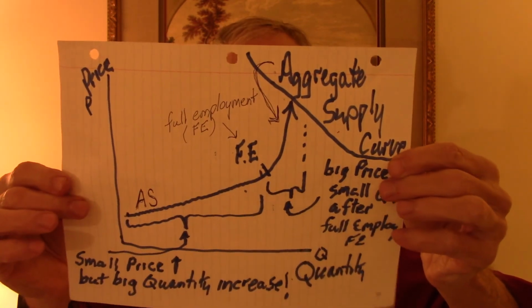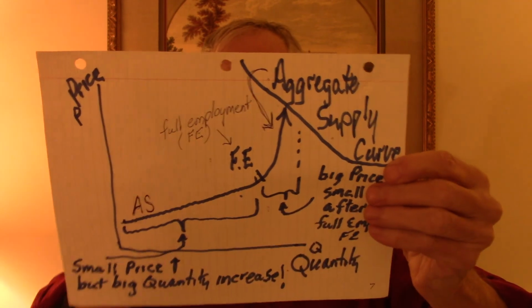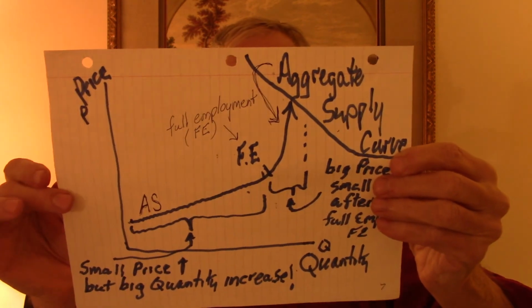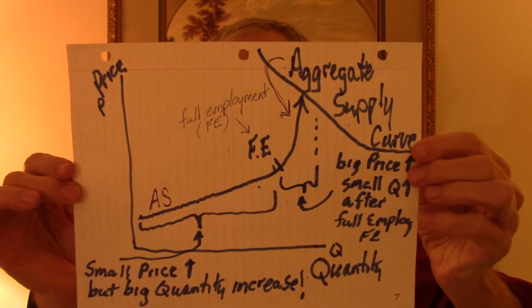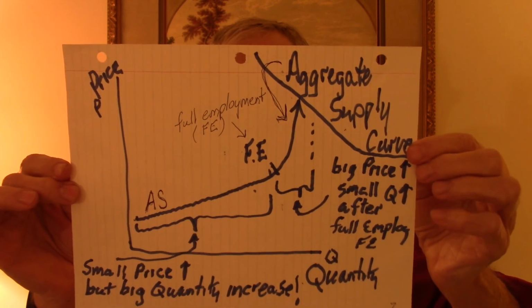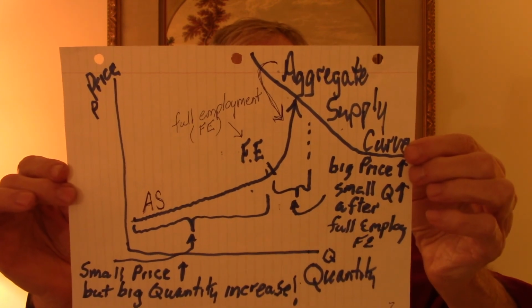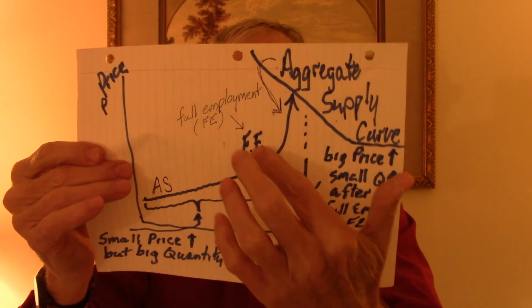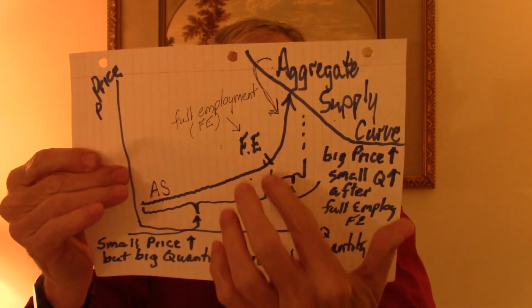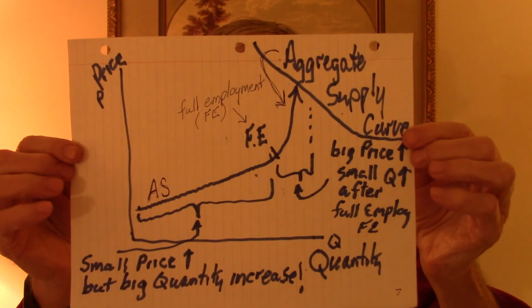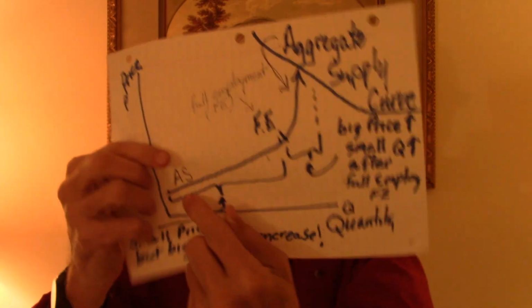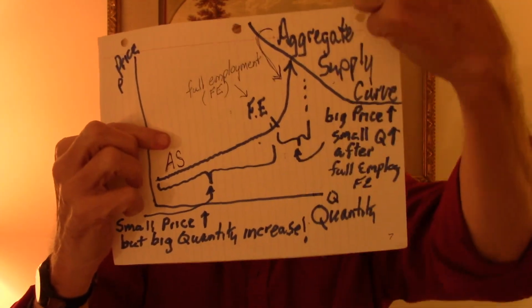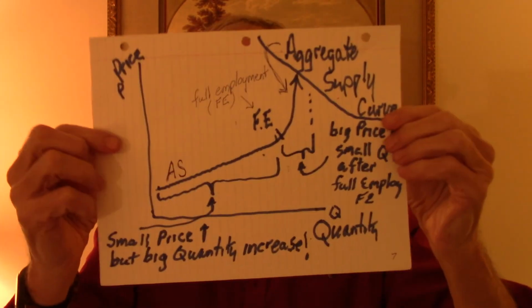Even if you try to produce more, you really can't, and then you've got to pay higher and higher wages to try to get other employees to come and leave their current employment and come work for you. So this little elbow here at full employment, FE, is very important, but that's an aggregate supply curve. It is upward sloping even down here, but it just turns steeper right here. There you go.